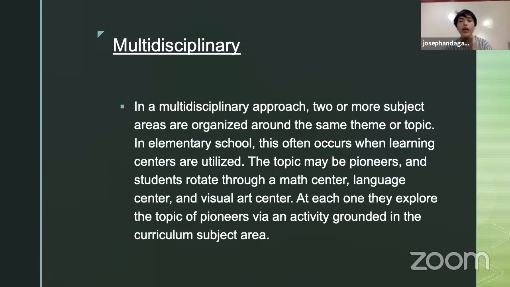So the subject area outcomes remain distinct, although it's a combination, but here you'll see the distinction of the different skills that you will be developing, or the learning competencies that you will be developing in a particular specific subject area. So knowledge and skills are learned through individual subjects, but at times connect to curricular topics, themes, issues, or big ideas.